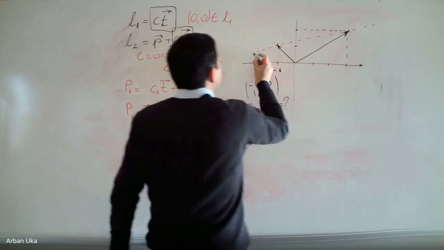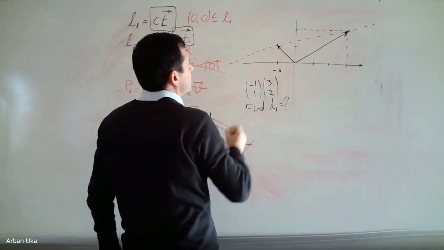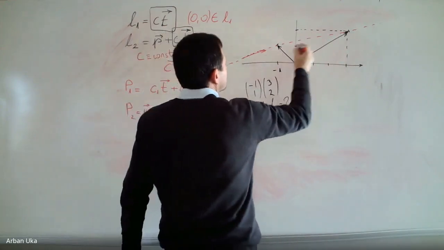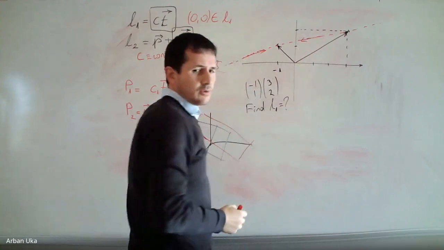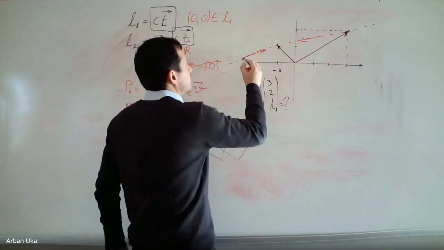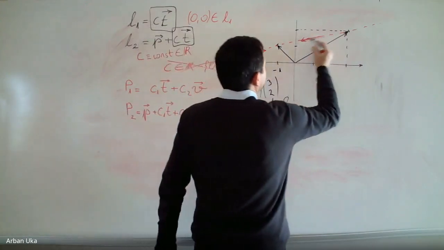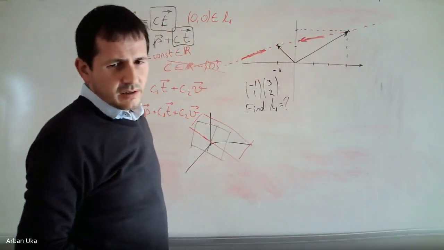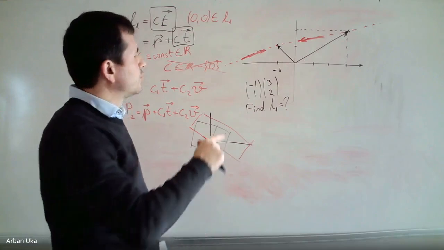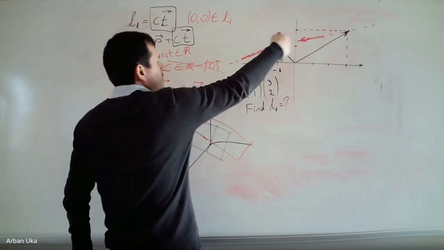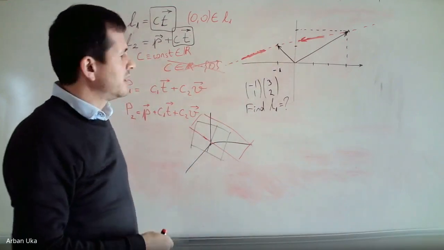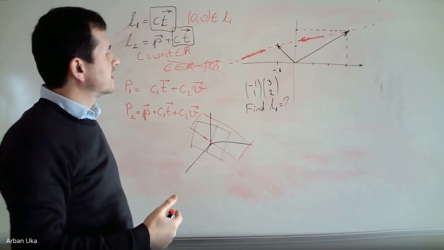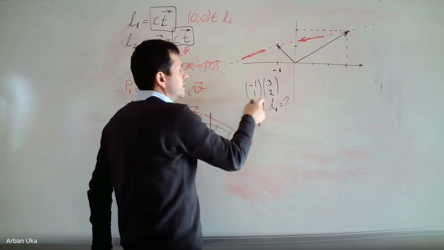We are looking for any vector that would look like this, or like this. We try to draw this one in red. So how can we find this vector which is going to point this way or exactly the opposite way? How can we find that direction using these values?